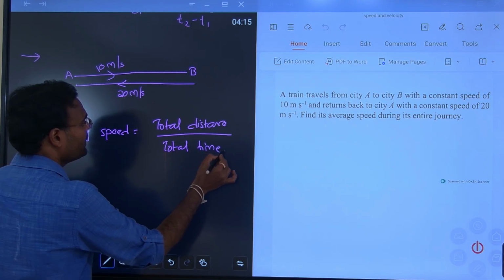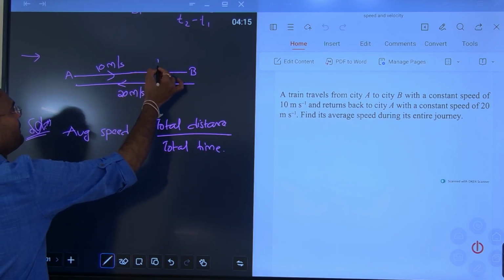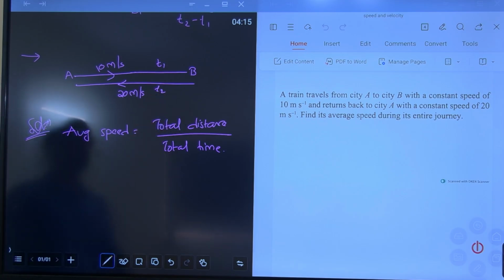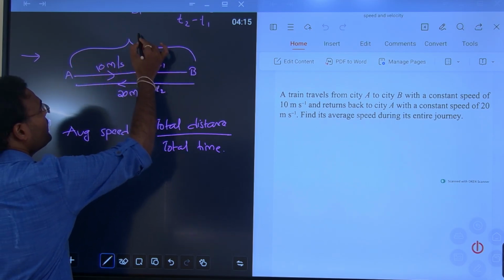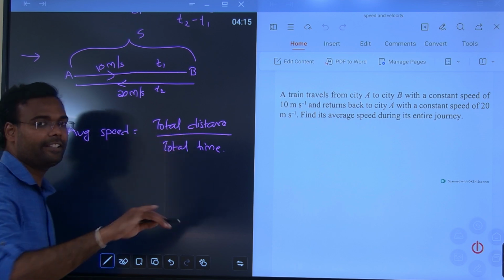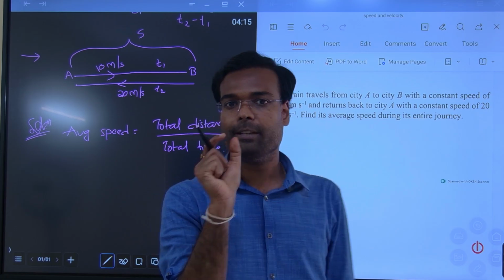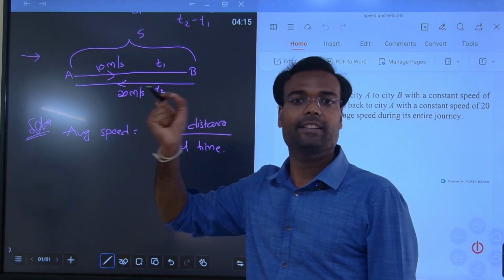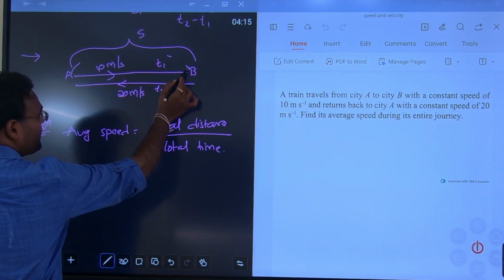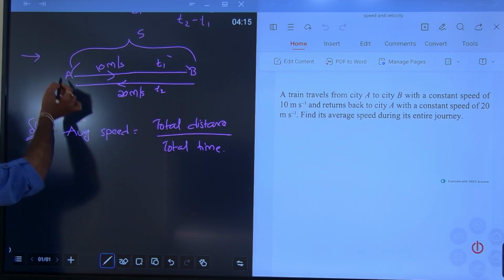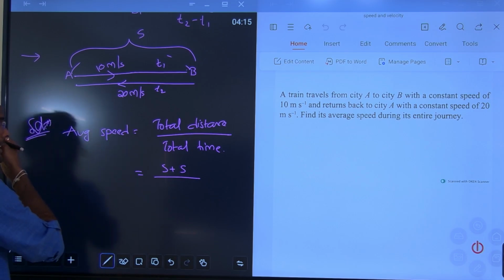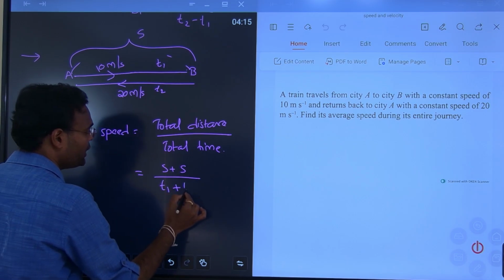Now let us see the time for the return journey. You have to understand one most important point: the total distance traveled, that means the total path traveled by the object, is s while it is traveling from A to B. Similarly, s when it is traveling from B to A, then total time is equal to t1 plus t2.